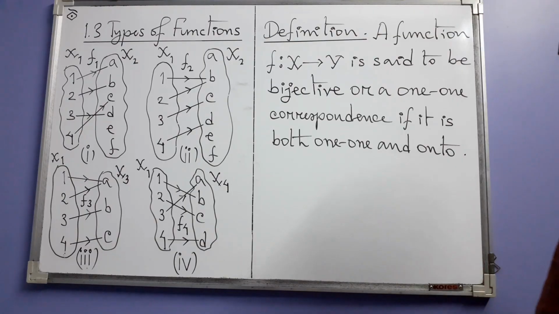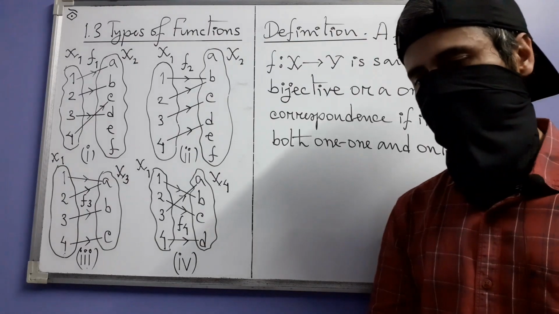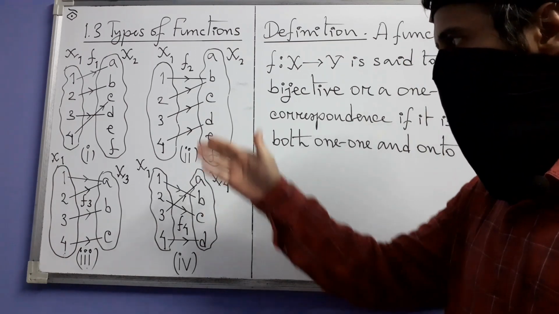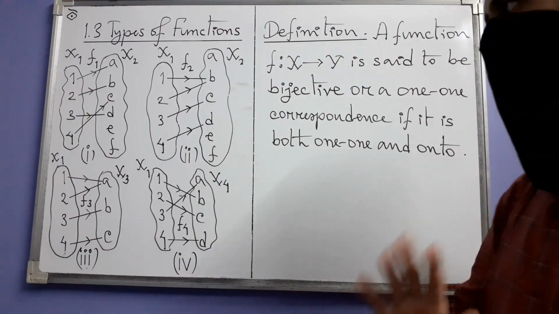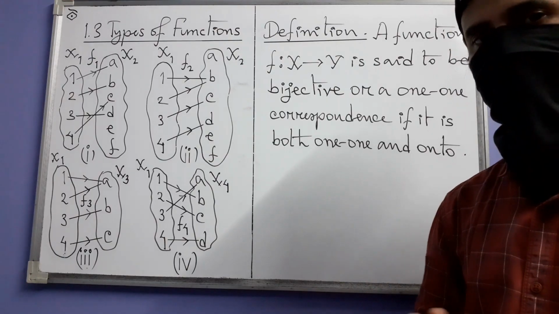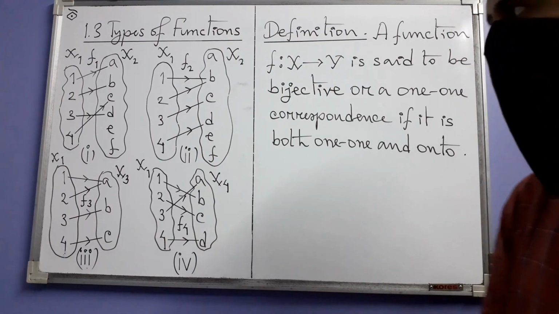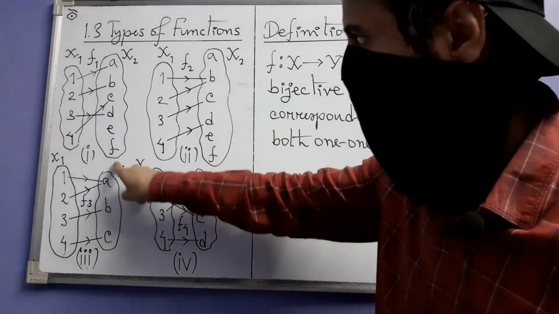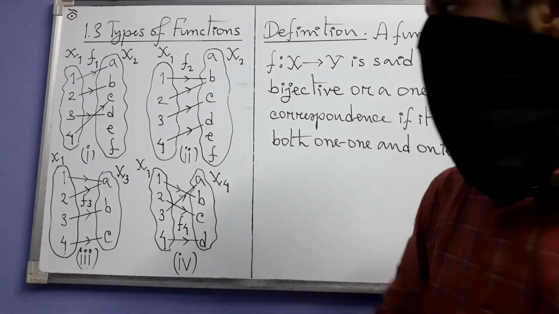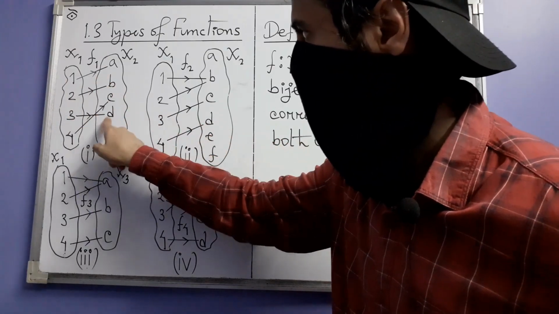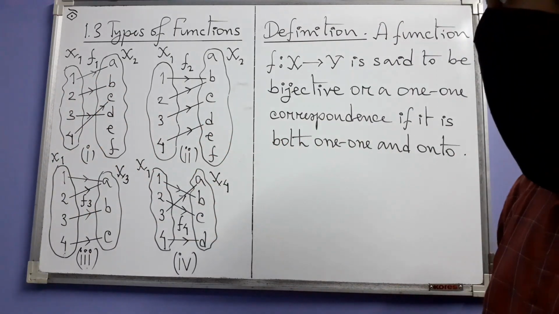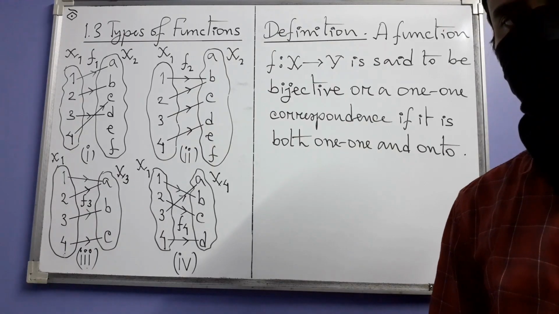Okay. Now, based on all these definitions, let us go through these examples one by one, and let us see which one is which. Is this 1-to-1? Yes, 1-to-1. This is not 1-to-1.